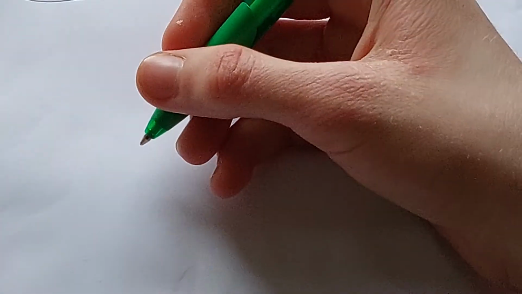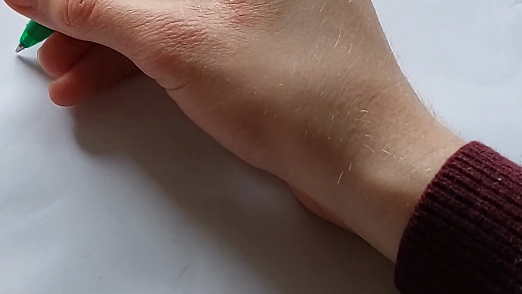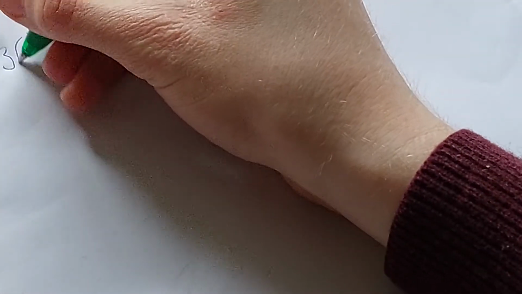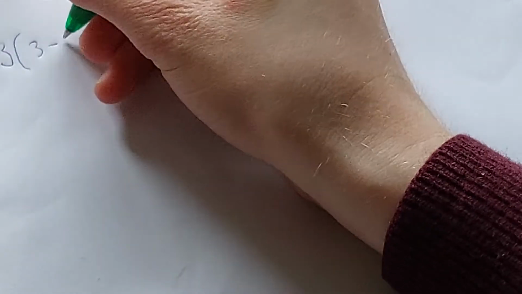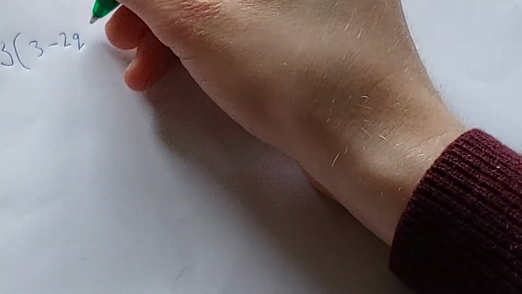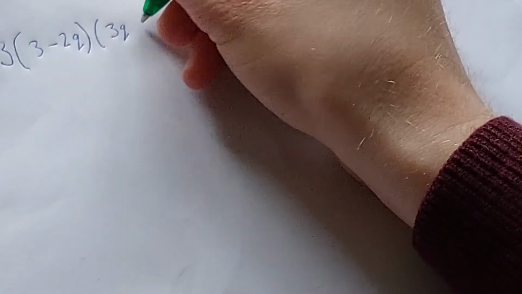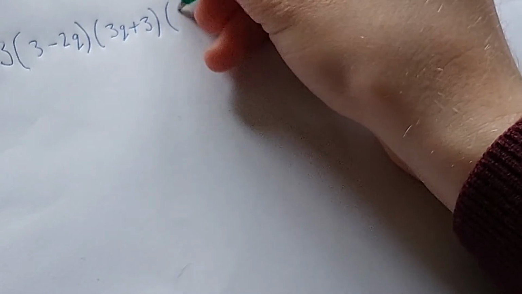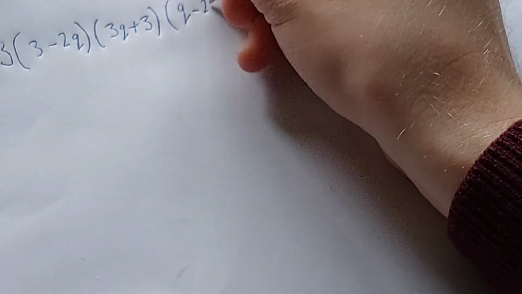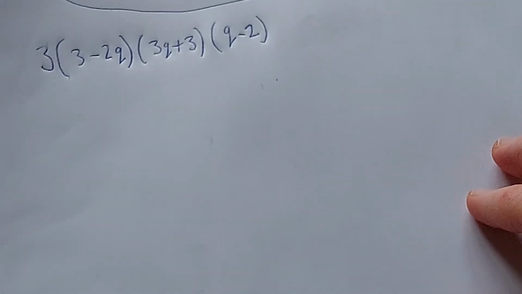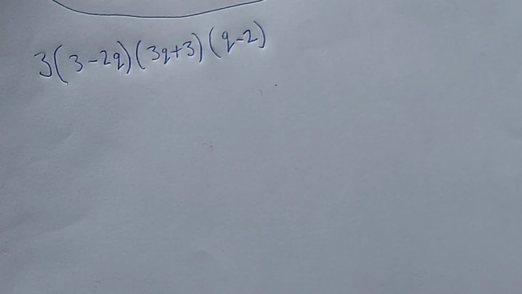The next question I'm going to do with you is 3 in brackets 3 minus 2q, 3q plus 3 in brackets, and q minus 2, which is another triple bracket, as you can see just there.